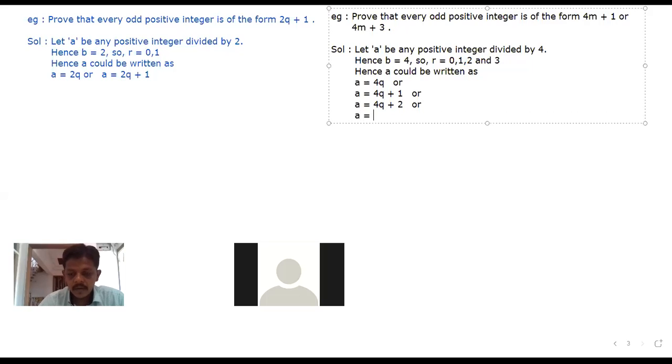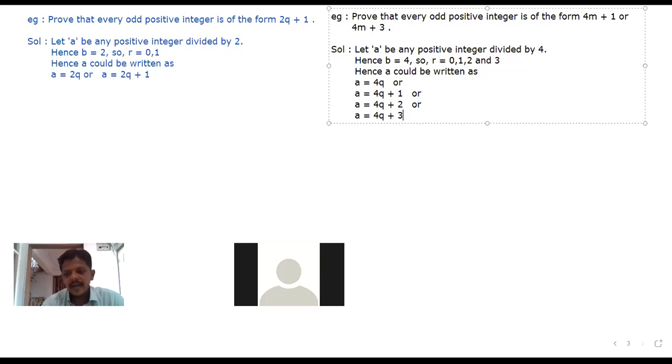After 4q plus 3, will I get 4q plus 4? No. Again 4q. It will go on continuing: 4q, 4q plus 1, 4q plus 2, 4q plus 3, again 4q, 4q plus 1, 4q plus 2, 4q plus 3. Yes or no?